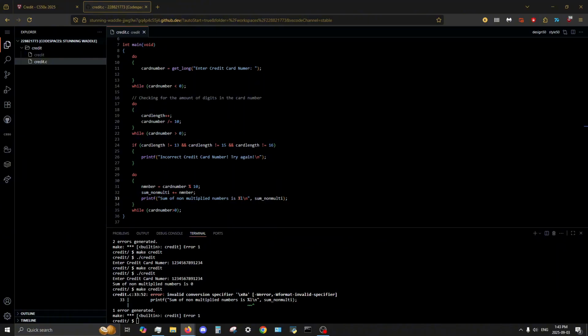Percent I and C. Oh. Printf. What is it called?